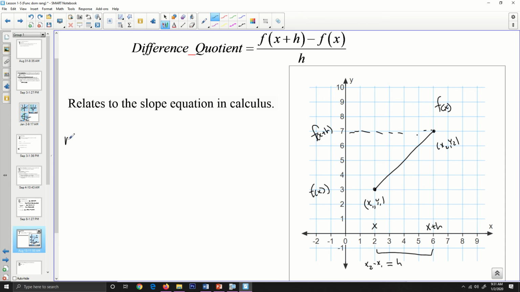And so my slope equation, m, y2 minus y1 over x2 minus x1 becomes this y, f of x plus h, minus this y, f of x, over the expression that we came up with for x2 minus x1, which is just h. That's how we get the difference quotient.